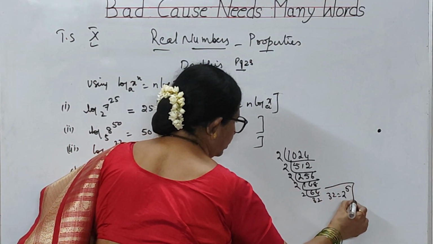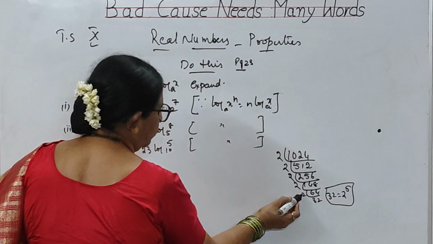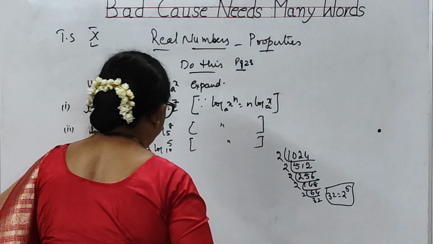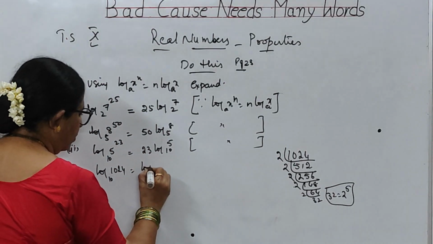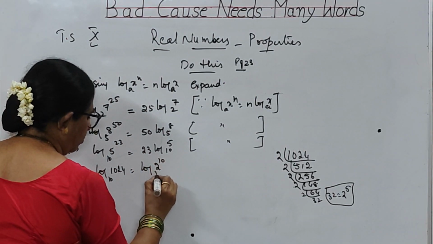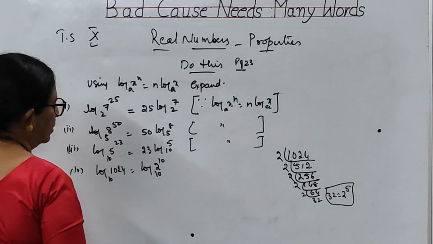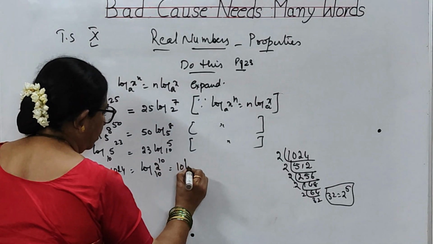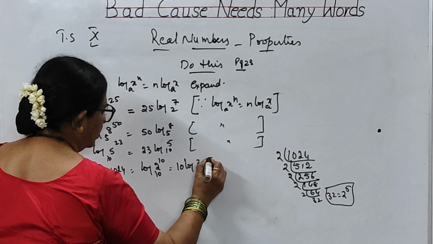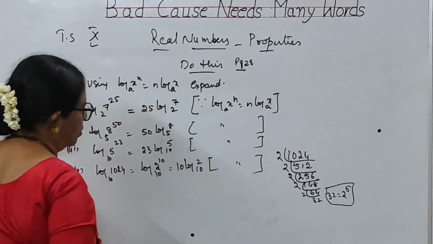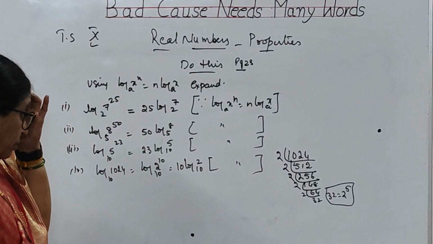It is a common property which we all know. That means it is log 2 to the power of 10 to the base 10. This can be written as 10 log 2 to the base 10. The reason is this. I hope you have followed, children.